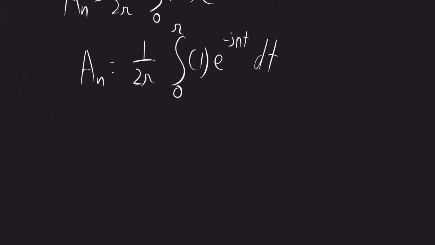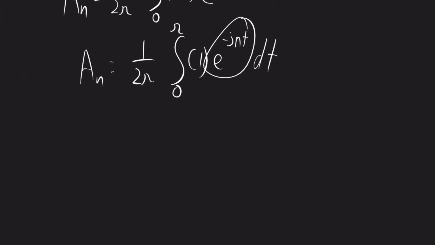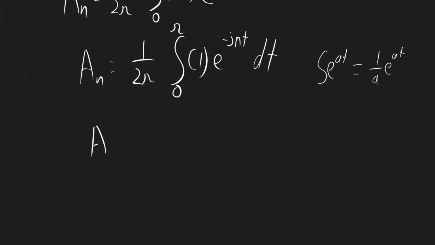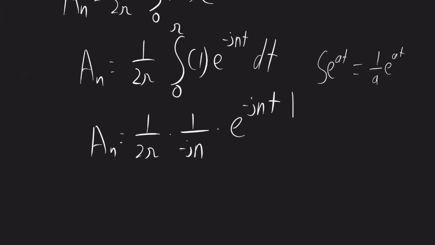So the integral is just going to be the integral of e to the negative j n t. And if you remember, whenever you have the integral of e to the at, the answer will be 1 over a times e to the at. So a sub n will be 1 over 2 pi times 1 over negative j times n times e to the negative j n t, bounded between 0 and pi.